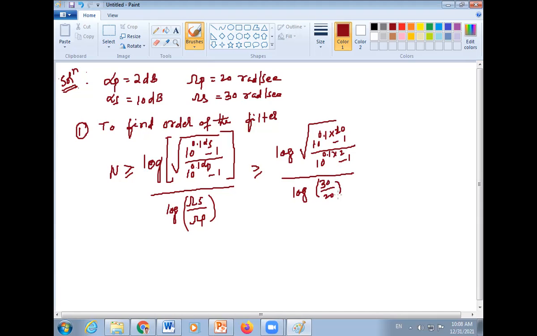If we simplify this further, we get the answer as 3.37.